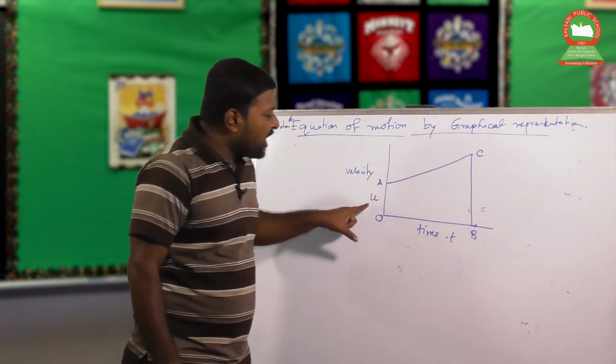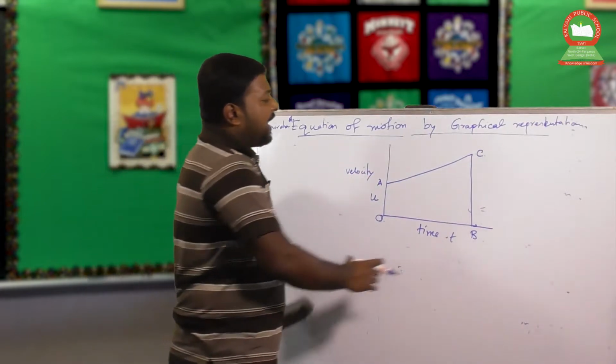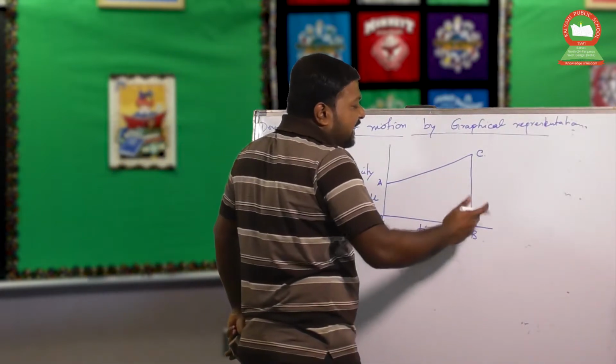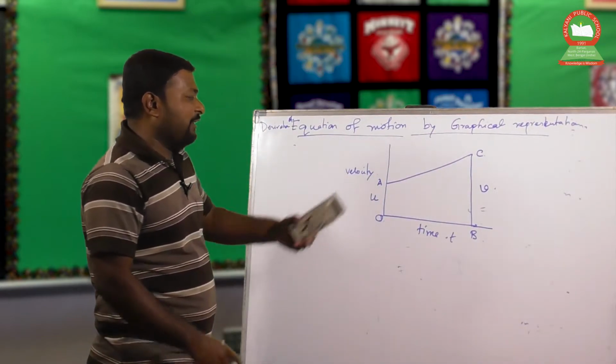So at the initial moment, whenever t equal to 0, the initial velocity is OA, and after time interval t, the final velocity the body reaches is small v.